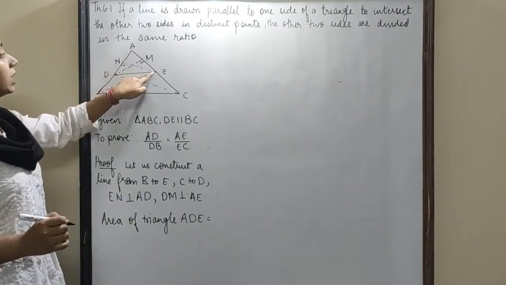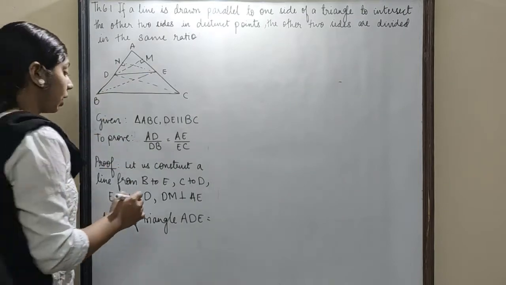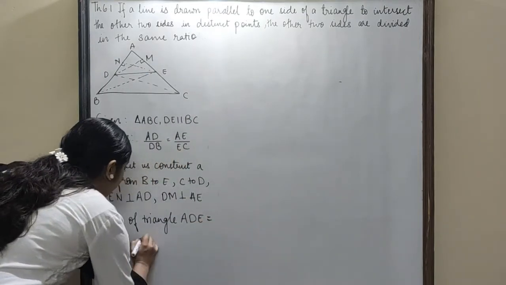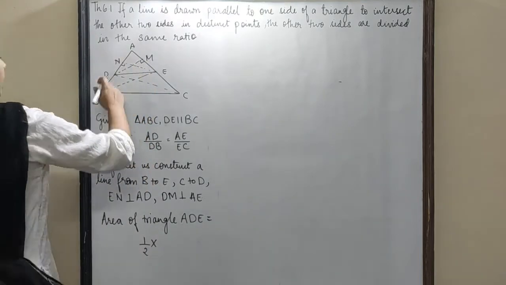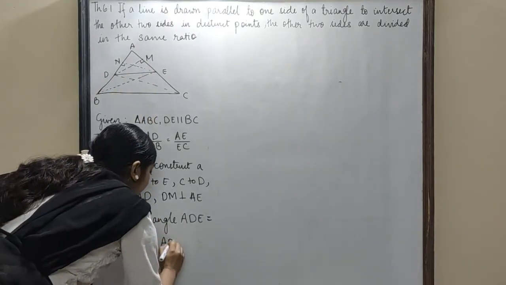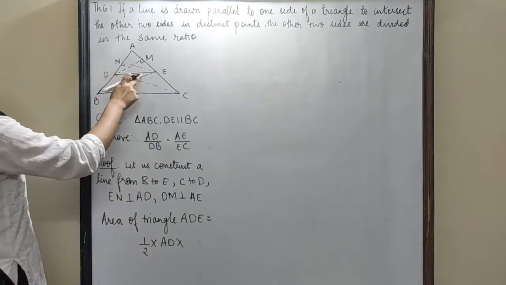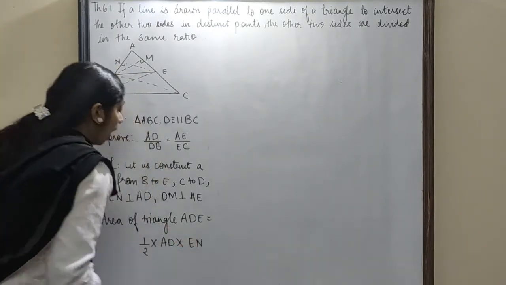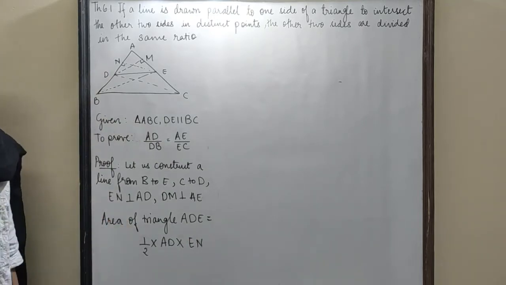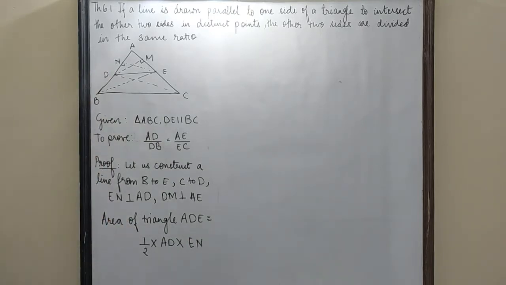Area of triangle ADE is what? Half into base into height, which is equals to, we will write half into base. Base we are taking AD, into height. Height is what? Height we can take EN, right? So over here, half into AD into EN. Is that clear? Copy down this much.